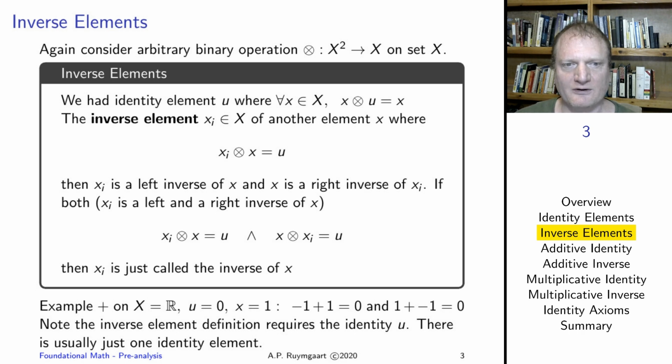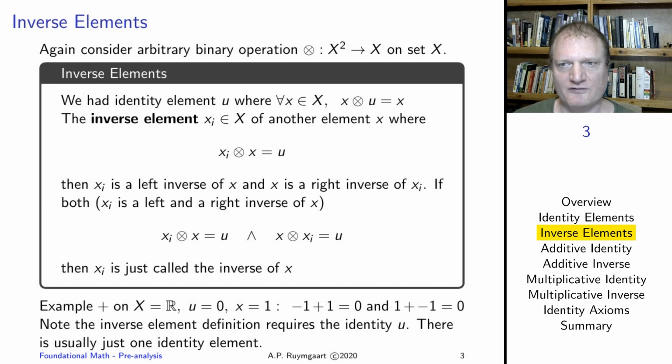It turns out that we can just take the negative number in the case of our real numbers and our addition operation. So x plus negative x equals 0, and negative x plus x equals 0. So the negative of x is the inverse element of the addition operation of real numbers, both left and right inverse. So it's just the inverse element on real numbers.